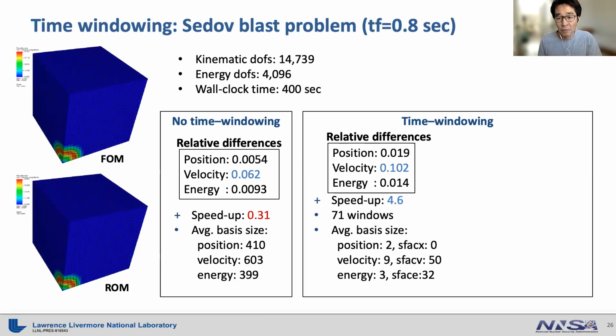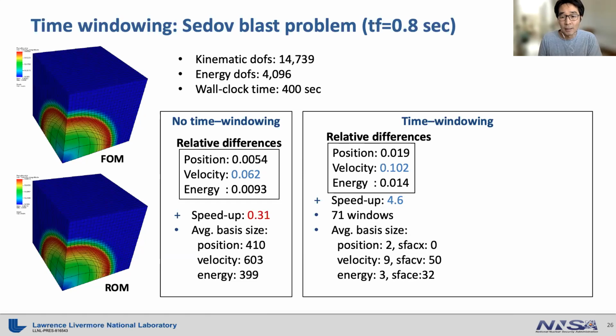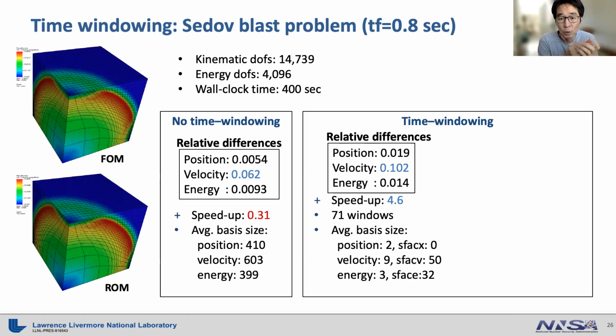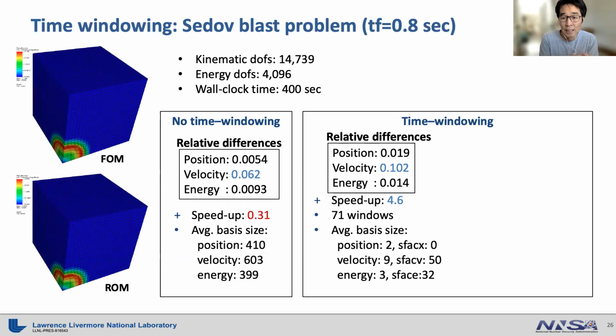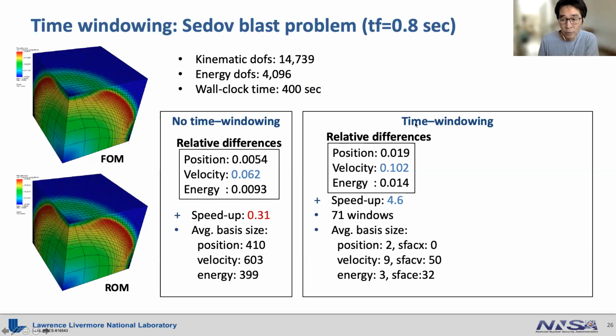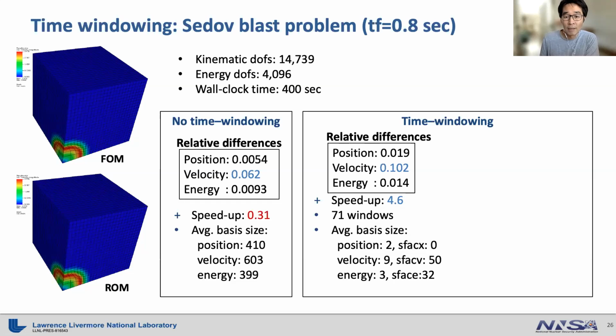As you can see from the movie, both the full order model and the reduced order model solutions are more or less the same. For the reduced order model, if no time windowing approach is used, it still captures pretty good accuracy, but it is slower than the full order model, as expected. However, if you apply the time windowing approach, then we can finally achieve a speedup of 4.6 with reasonable accuracy.